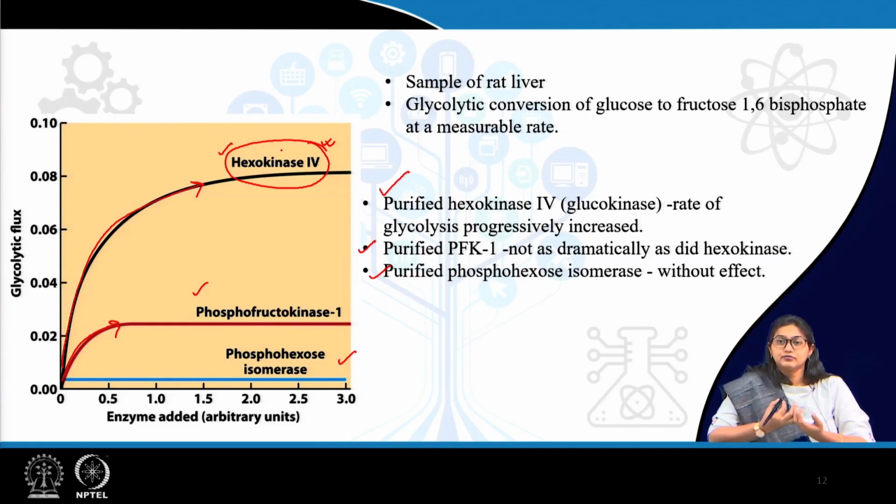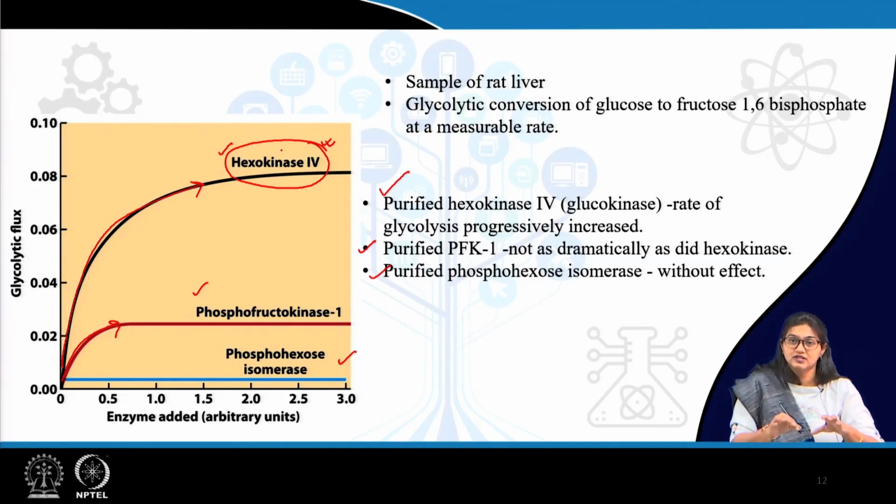Whenever there is increased glucose 6 phosphate availability, increased glucose availability causing increased glucose 6 phosphate, or somehow glucose 6 phosphate is very high in the cell, what will happen? There will be very high glycolysis? No, phosphofructokinase will decide how much glucose 6 phosphate is to be converted to fructose 1,6-bisphosphate. So, it regulates and maintains the homeostasis. So, that is the difference between regulation control and flux control.